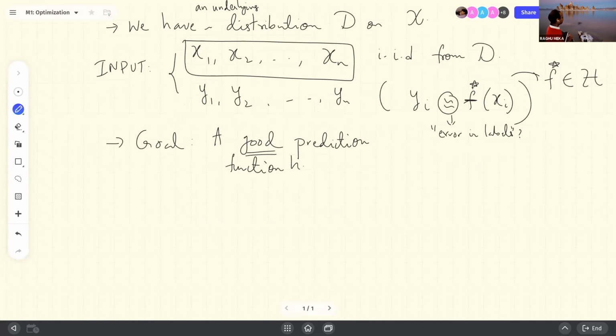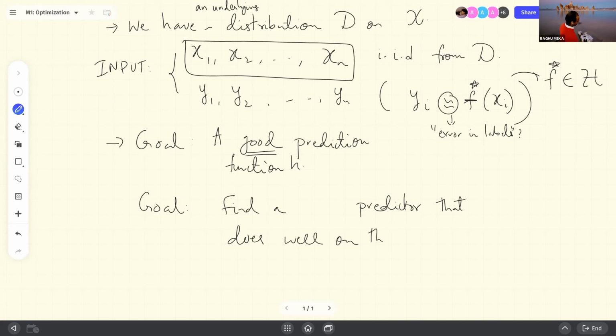So I can refine this goal to say, find a predictor that does well on the training set.